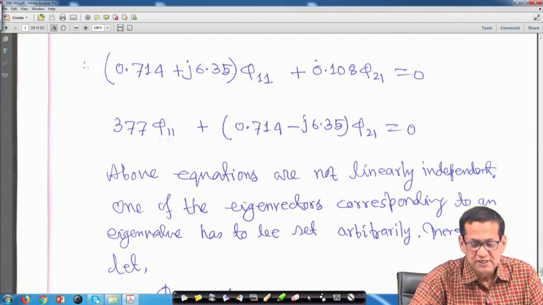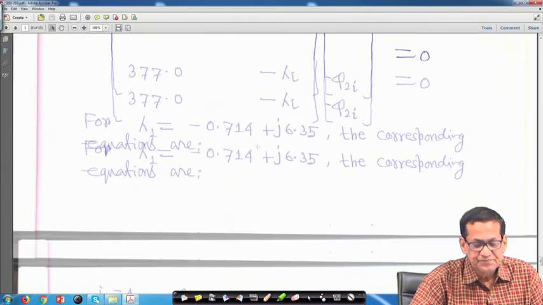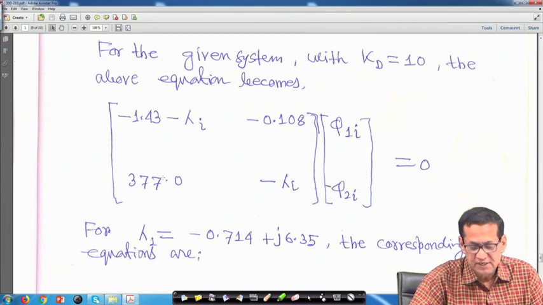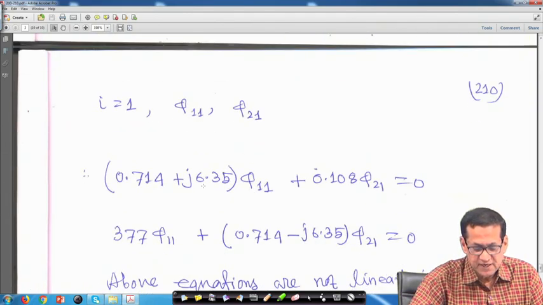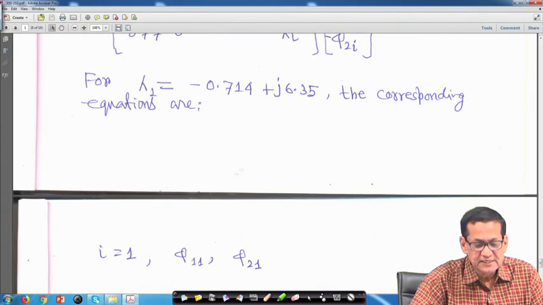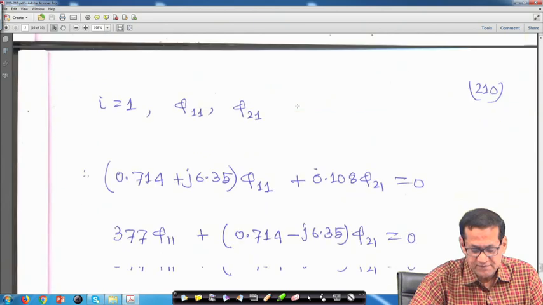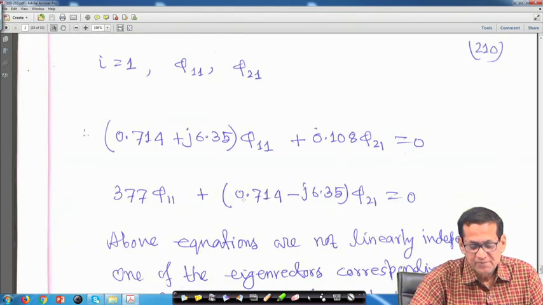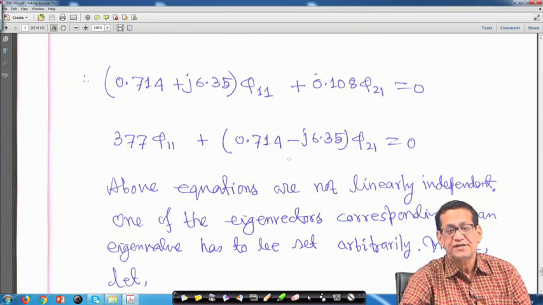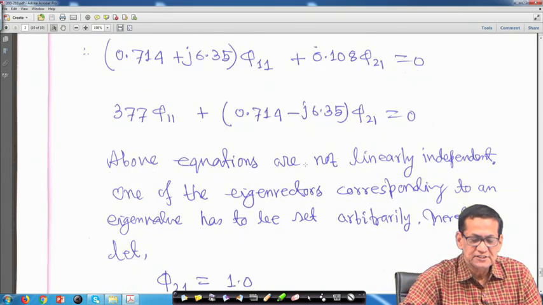The second equation also has 377 phi 1 1, and your lambda 1 is equal to minus 0.714 plus j 6.35. So this one becomes plus 0.714 minus j 6.35 phi 2 1 is equal to 0.